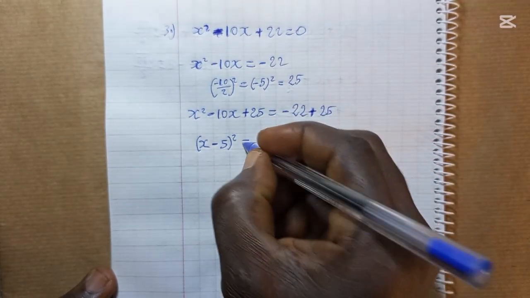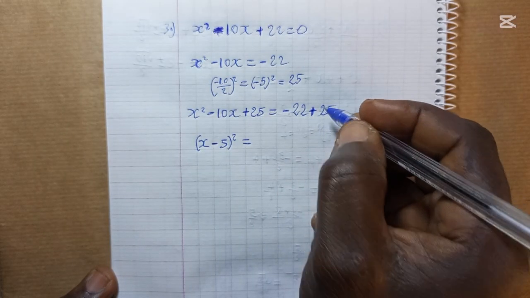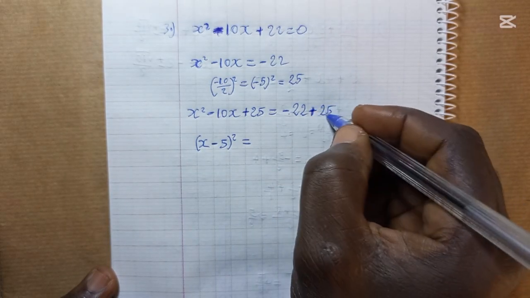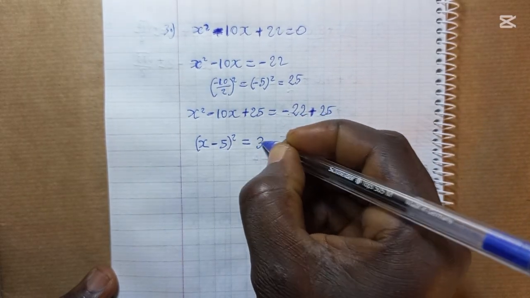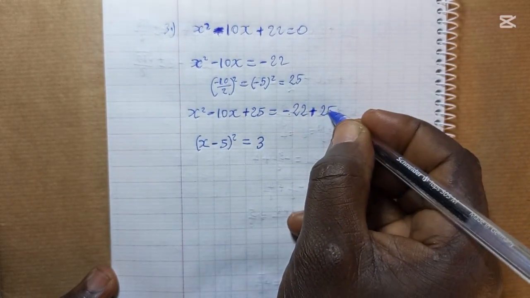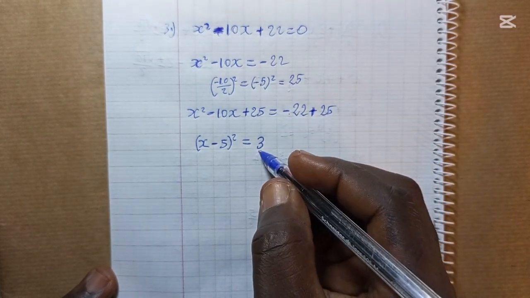So it is equal to minus 22 plus 25. Minus 22 plus 25 will give us 3. It's almost like saying 25 minus 22. So the answer is 3.